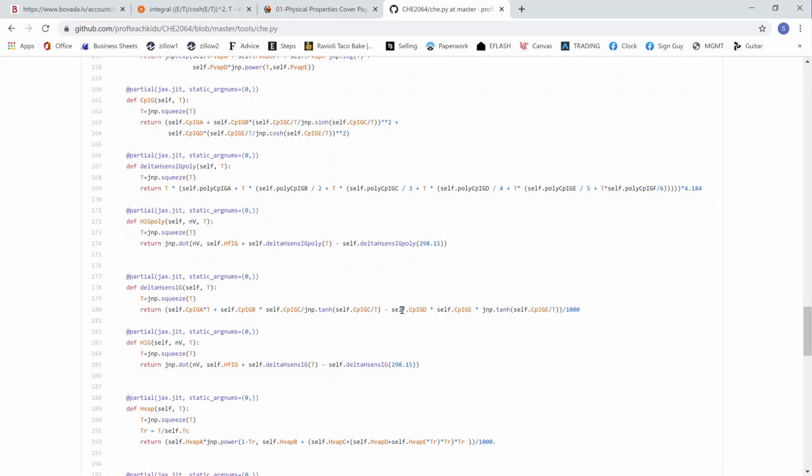And then minus our D times E times hyperbolic tangent of T over E. And then that divide by 1,000 is what I'm assuming is something for units. And that is how we get the equation for our ideal gas enthalpy.